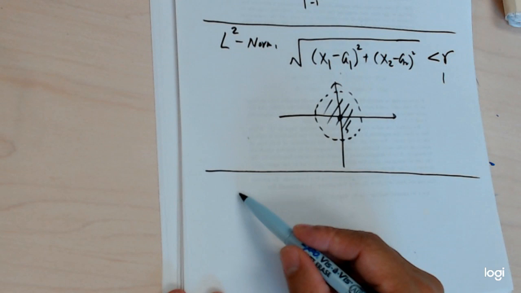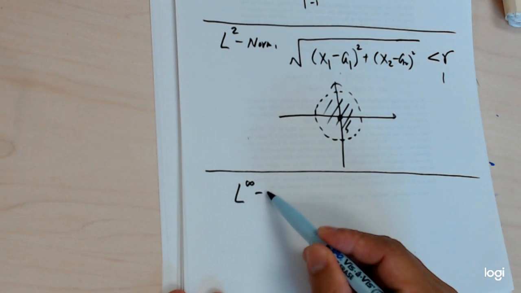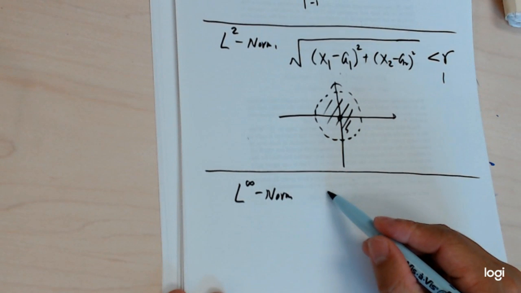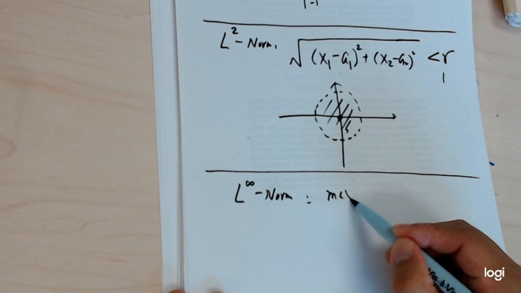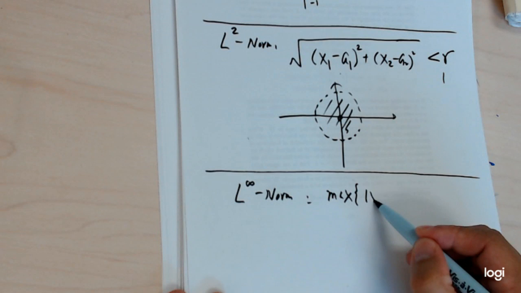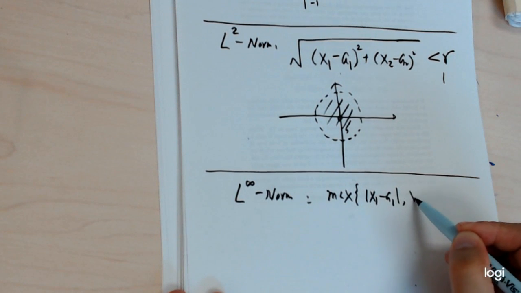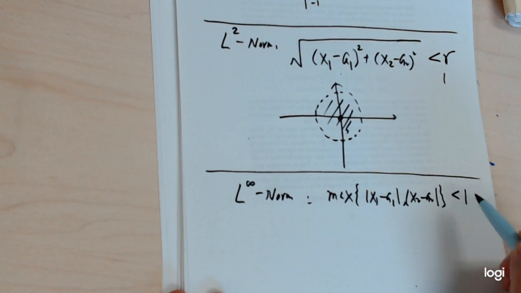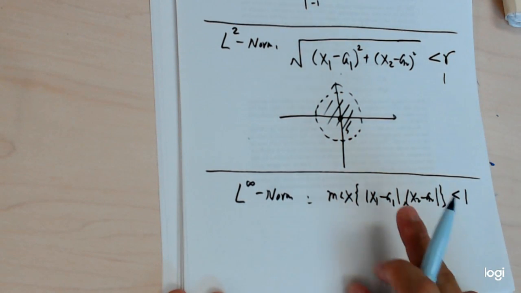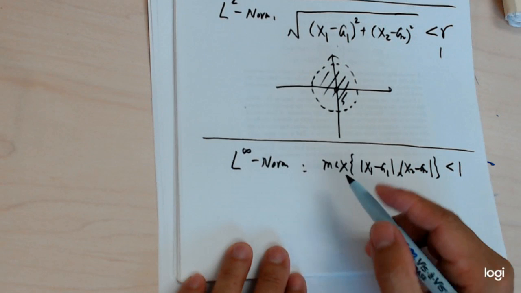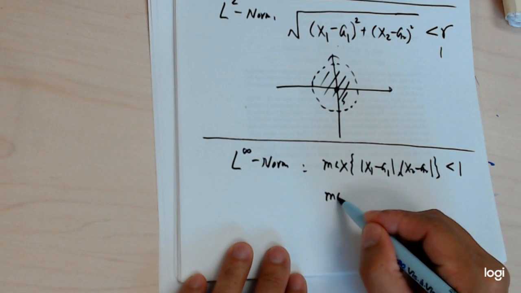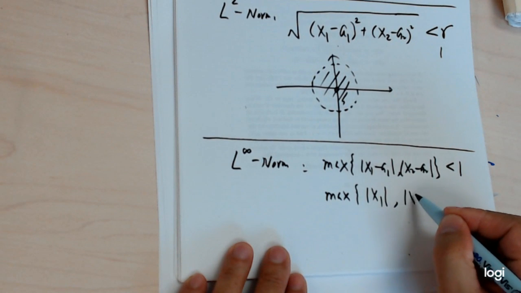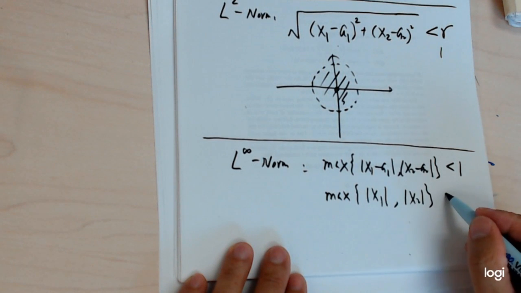Finally, under the L infinity norm. The L infinity norm refers to the maximum of the absolute value of x1 minus a1 and the absolute value of x2 minus a2. So this needs to be less than 1. Now, if once again I take a1, a2 to be 0, 0, this is identical to the maximum of the absolute value of x1 and the absolute value of x2 being less than 1.